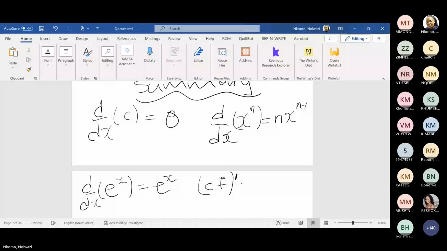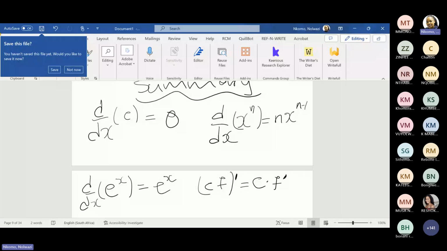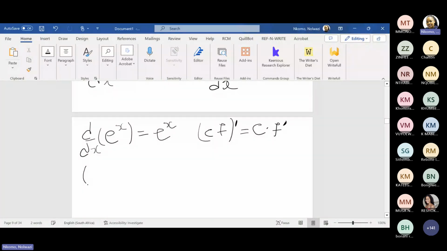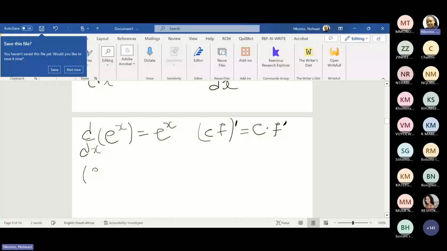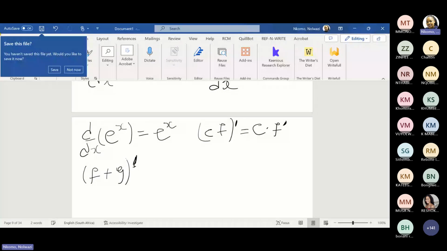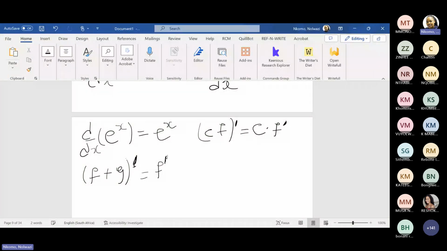And then the derivative of f plus g. Remember, this would be the derivative of f plus the derivative of g. Then we have the derivative of f minus g.